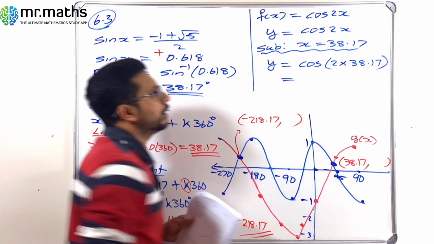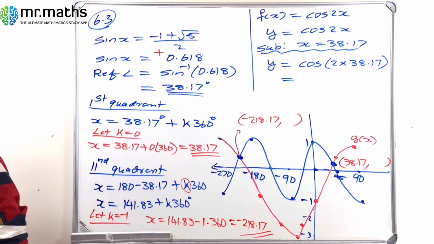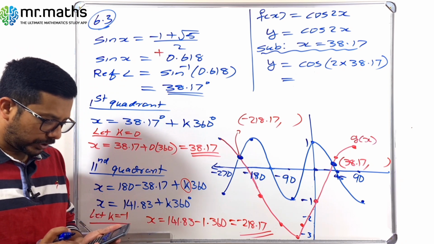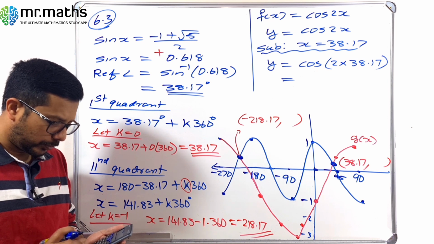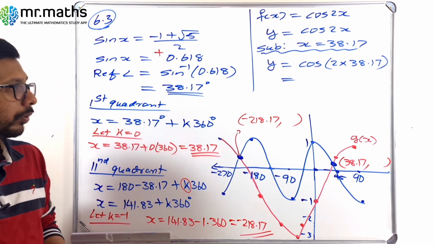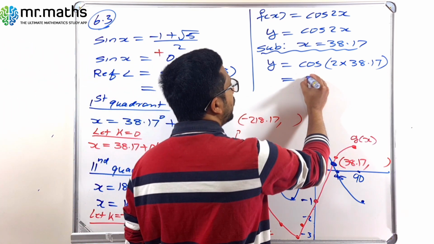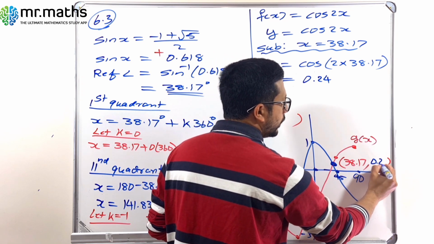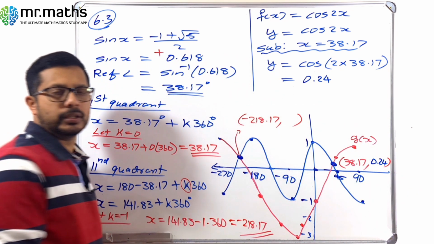Check in your calculator what is the answer for that one. Cos of 2 times 38.17. The answer is 0.24, rounded off. So it means that at this point the y value is 0.24.